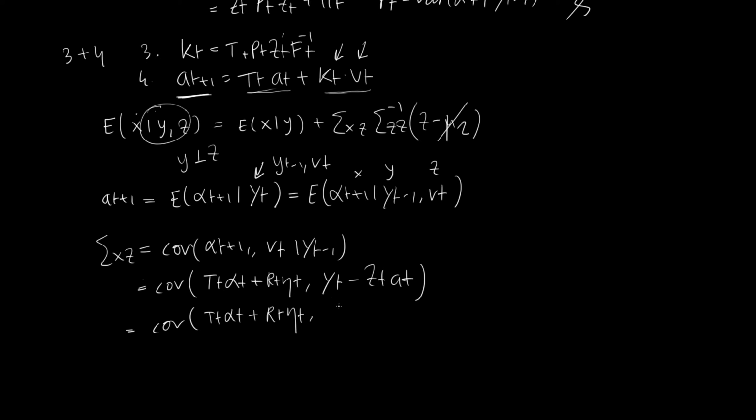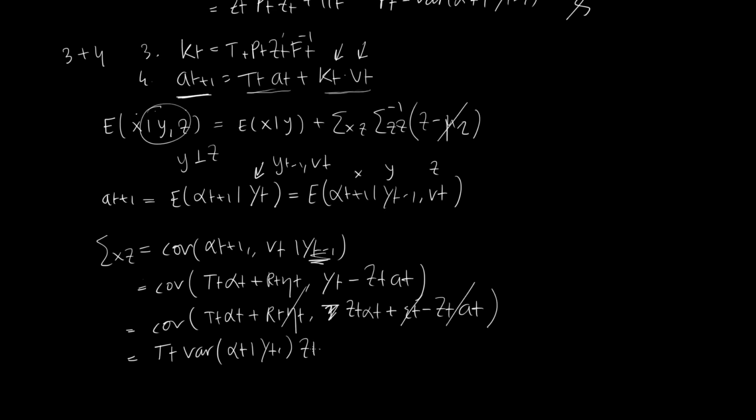If we now plug in the model for Y_t, we get Z_t alpha_t plus epsilon_t minus Z_t A_t. Because everything is independent and normally distributed, this drops out, this drops out, and this also drops out because A_t is known given Y_{t-1}. We condition on Y_{t-1} here, and using the standard covariance rules we find T_t times the variance of alpha_t given Y_{t-1} times Z_t prime, which is equal to T_t P_t Z_t prime.